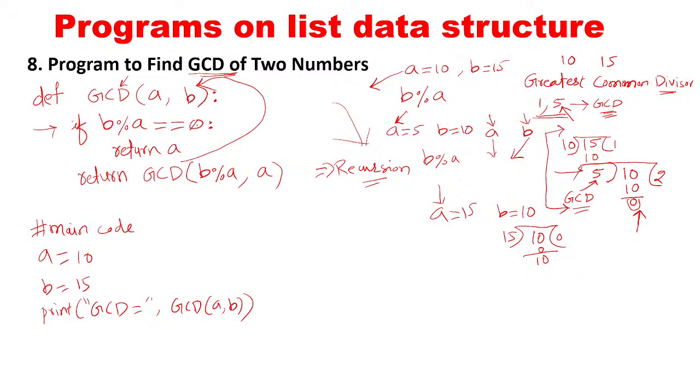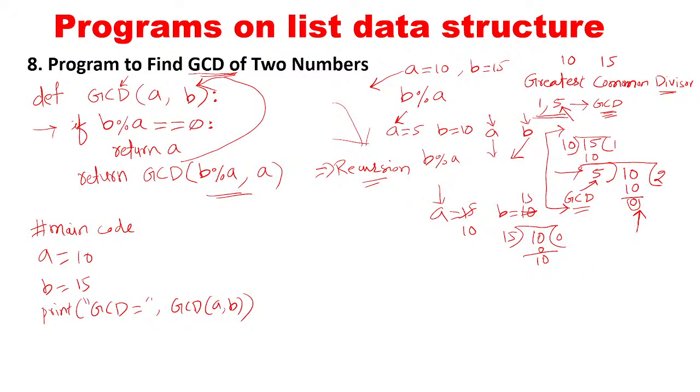Is it equal to 0? No, so it comes here and the function is called again. Look at this piece of code: the first argument becomes B mod A, and we got the remainder 10, so the first argument value becomes 10. The second argument is the A value, previously 15.